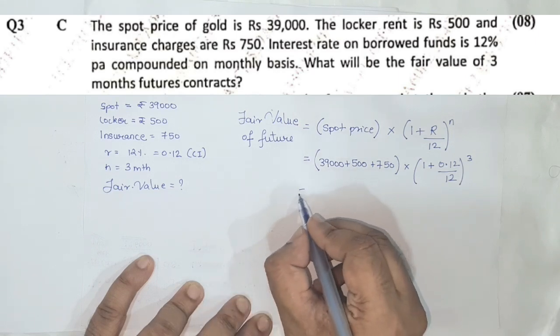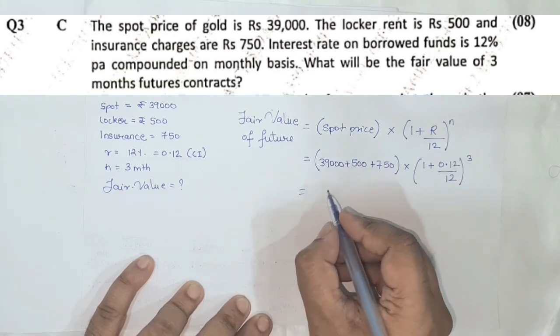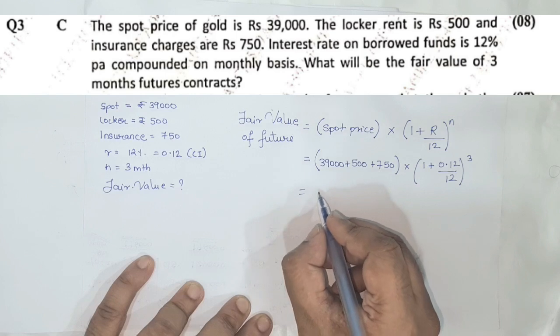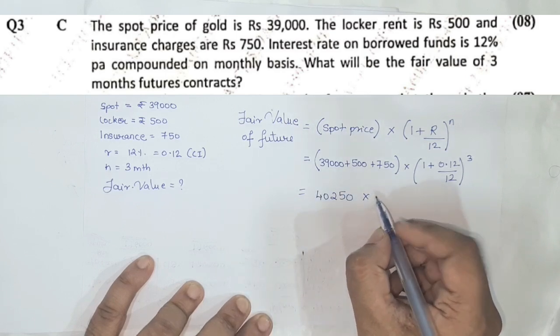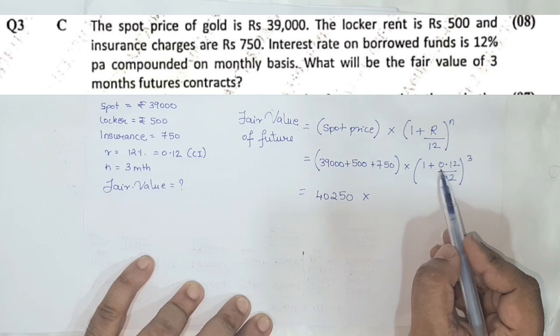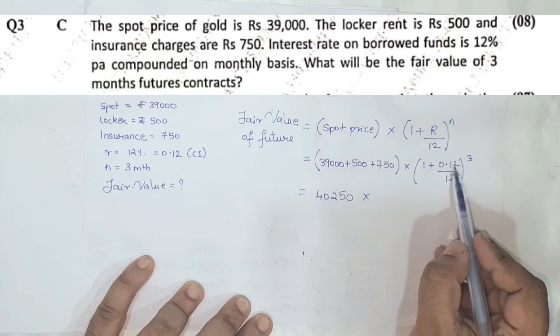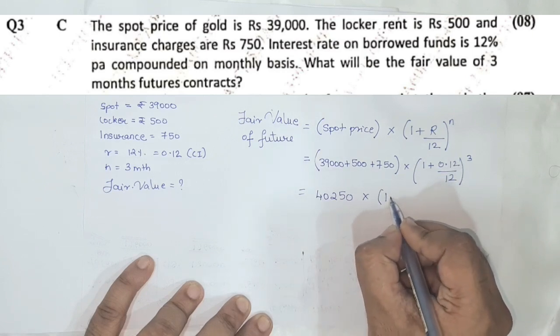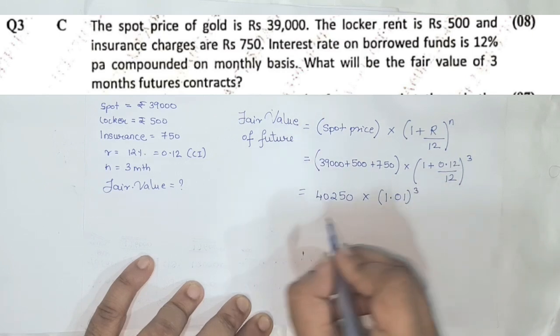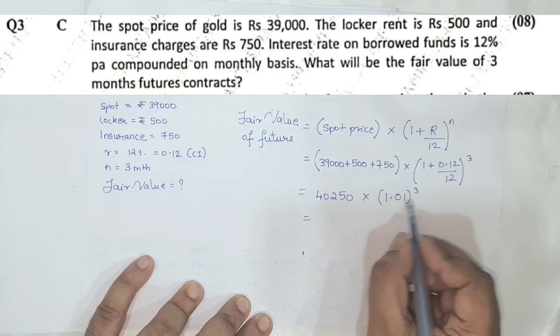Now 39,000 plus 500 plus 750 will give you 40,250, into, on the calculator, 0.12 divided by 12, so that will become 0.01. 1 plus 0.01 is 1.01 raised to the power of 3, the cube. So now we need to find the cube first.